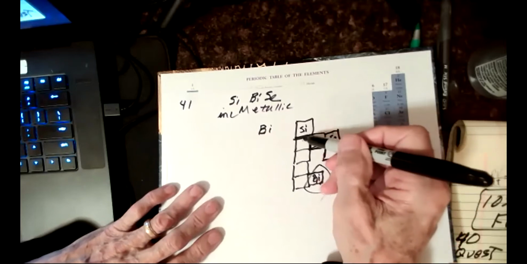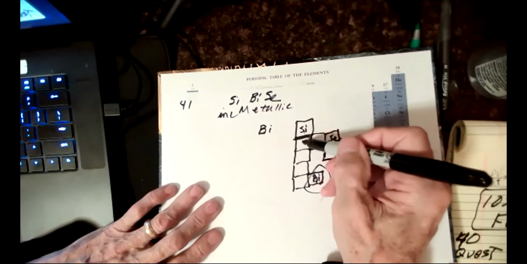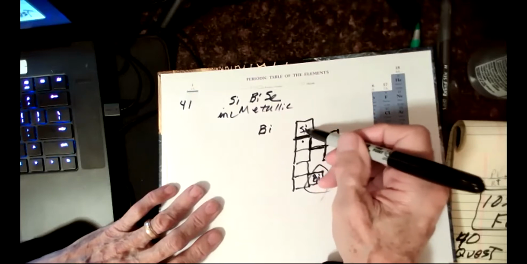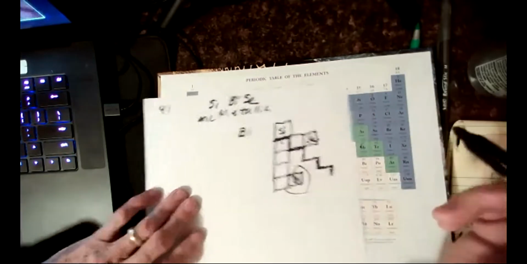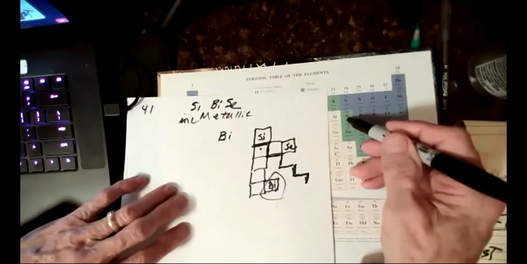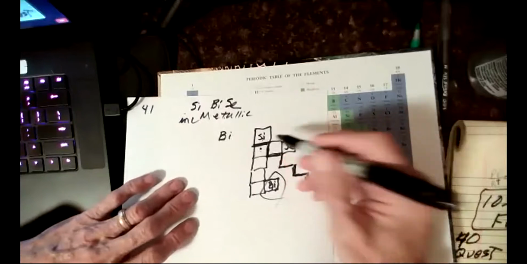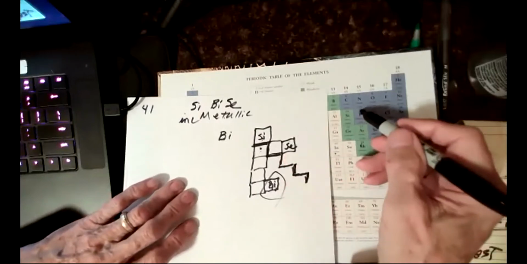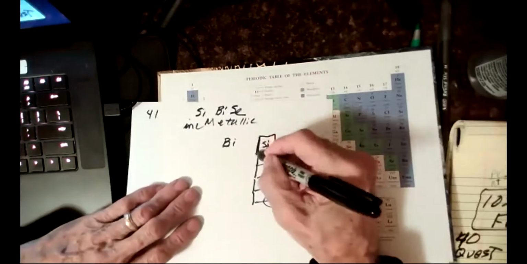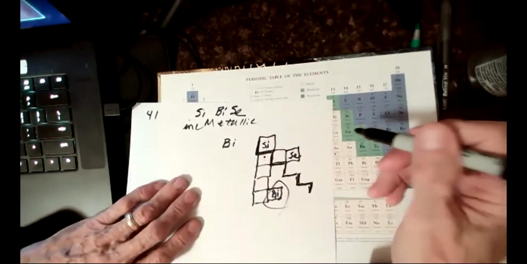Now, this one is right there. It's just across the line from the metallic character elements. We've got, and so this one, yes, I'm right. There's the dividing line.